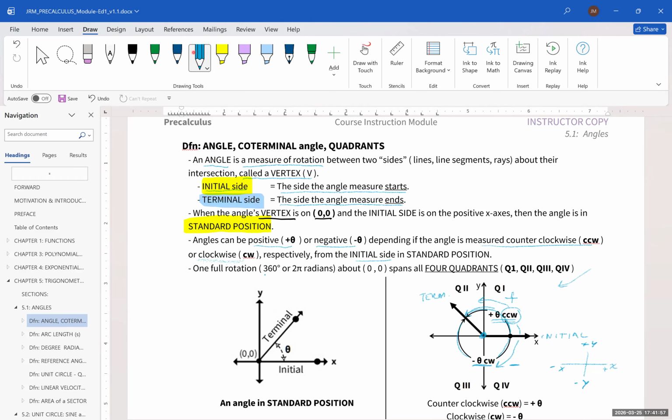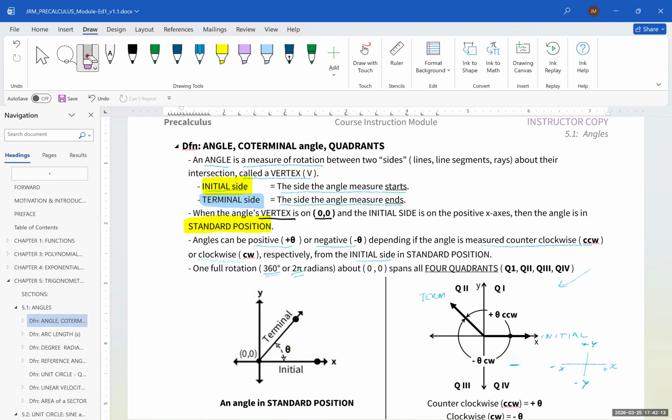One full rotation is 360 degrees, or 2 pi radians. We'll get into degrees and radians, but you are probably more familiar with degrees.